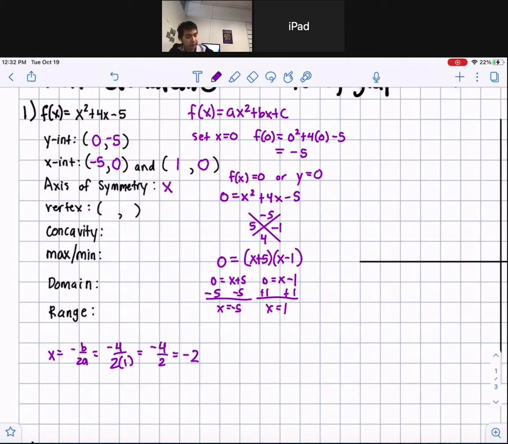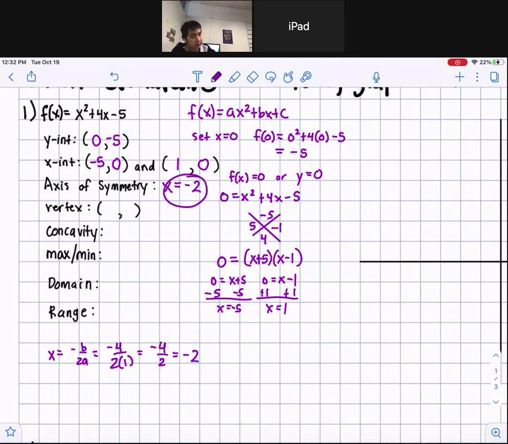Remember, x equals -2. This has to be x equals that number, because when we graph the axis of symmetry, it's a vertical line. You have to write the x equals part. You can't just write -2.